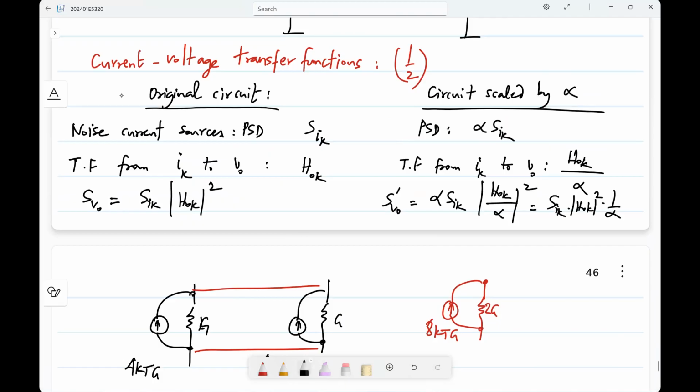So if you scale the admittances by a factor alpha, then your voltage noise spectral density goes down by a factor alpha and your voltages remain the same. So the signal to noise ratio, the signal power divided by noise power, goes up by a factor alpha. Okay. So this is impedance scaling. You can use this to change the noise alone without changing the function of the circuit.